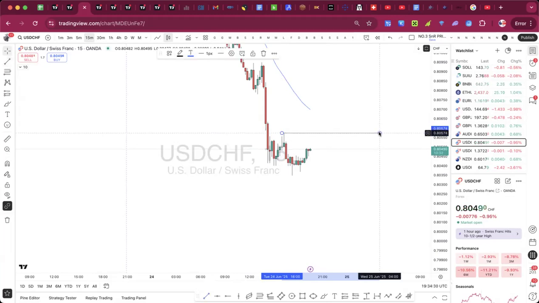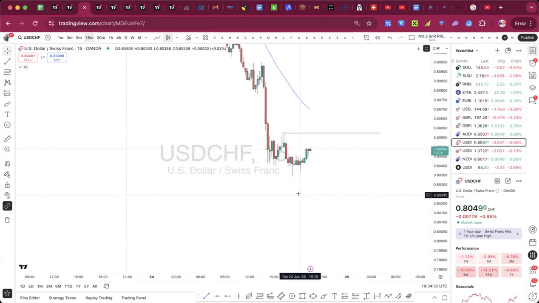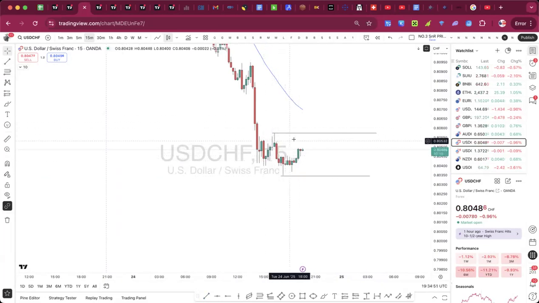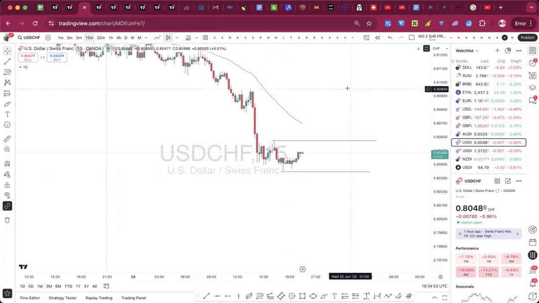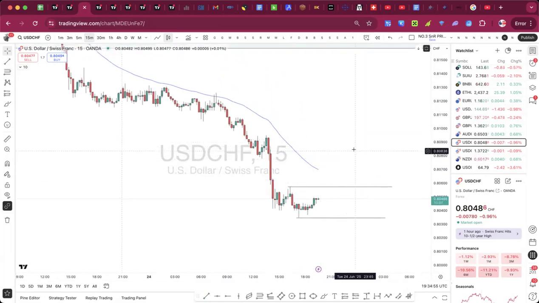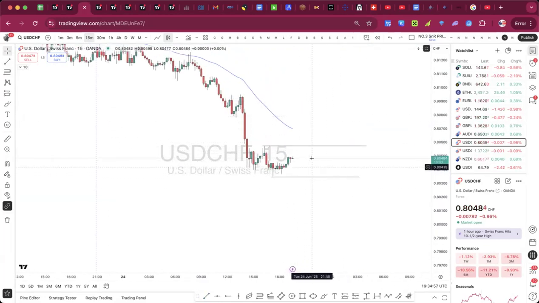So this high ought to be taken out, because this is the high that produces this low. The high that produces this low ought to be taken out, then for us to be looking for a buy. So this place now looks like a low trading zone because this has not been taken out.